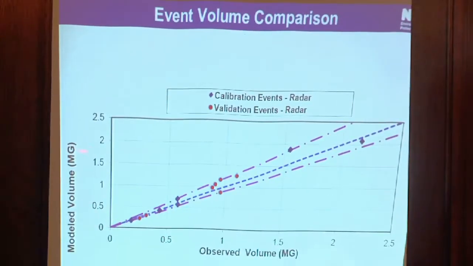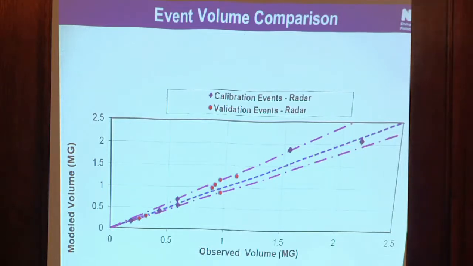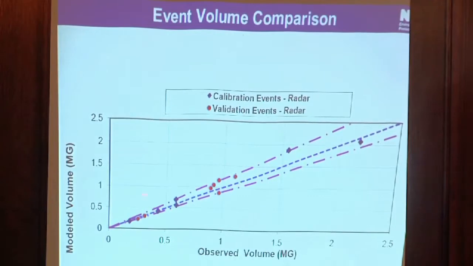And what you see on the y-axis is the modeled volume for a specific event. So if they are exactly matching, you will be on this 45-degree blue line. And then we developed some thresholds defined by international standards from the UK. So if you are within this bound for most of the events, you call this calibration reasonably good. So volume is one of the metrics.